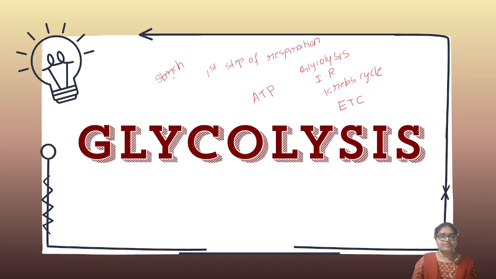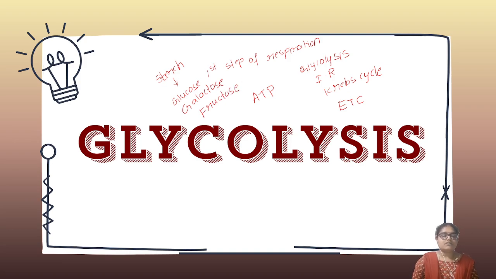It is first broken down into simpler carbohydrates, simpler monosaccharides like glucose, galactose and fructose. These are all monosaccharides.